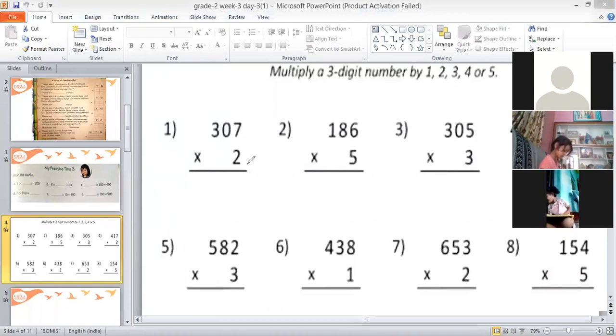307 multiplied by 2. This is 307 multiplied by 2. And remember one thing, in one box you will write only one number and you will put this multiplication symbol in a separate box. Nobody will write this multiplication symbol in hundreds place.